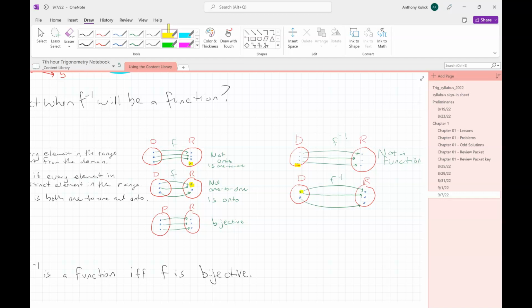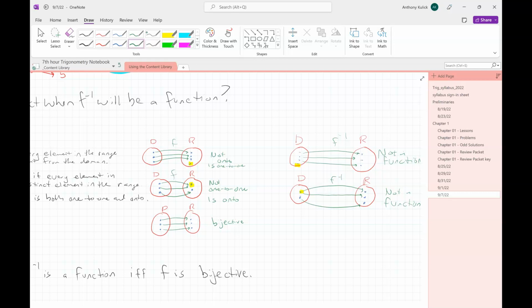No, because we have one domain going to two different ranges. So anytime we don't have one-to-one, when we make the inverse, we're going to have one domain going to more than one range, making it not a function.